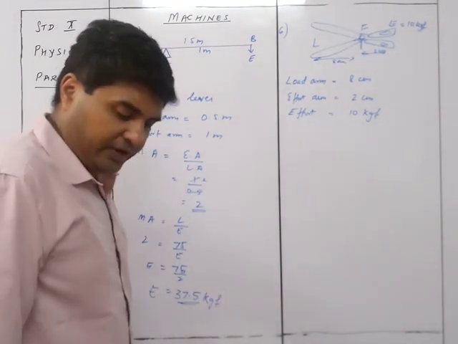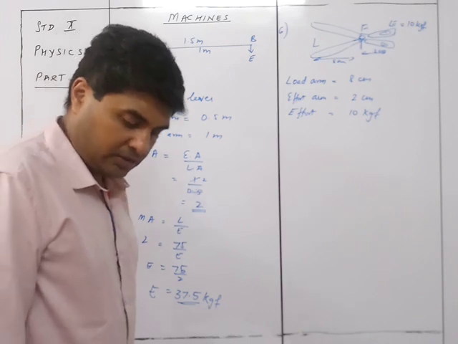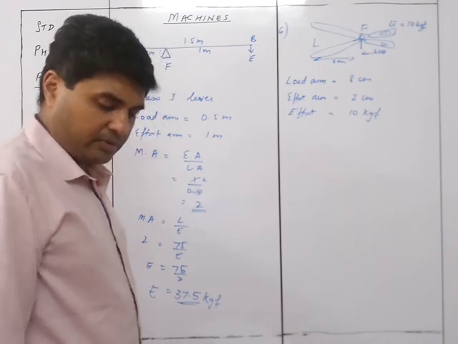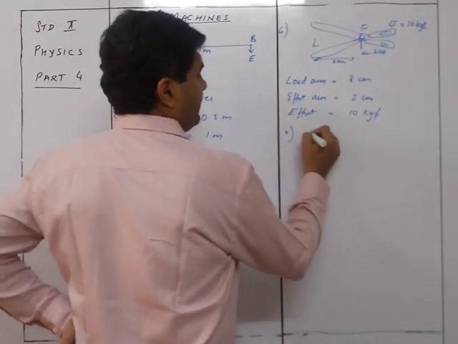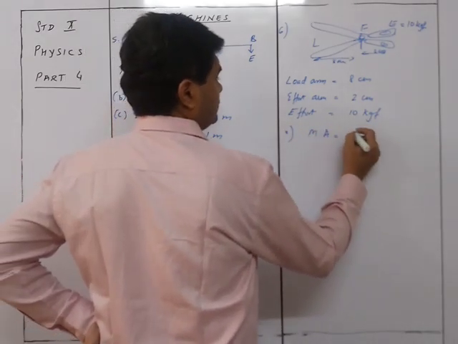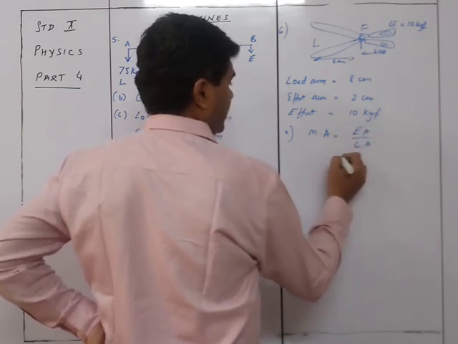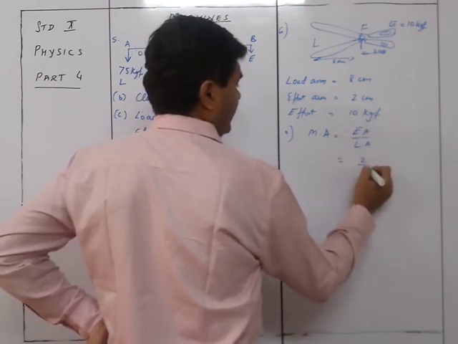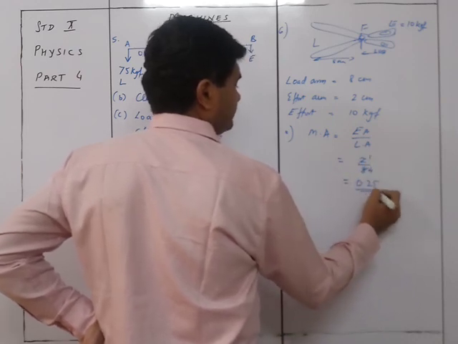We need to find out the mechanical advantage and the load offered by the cloth. First of all, the mechanical advantage is equal to effort arm upon load arm. That will be 2 upon 8, that is 1 upon 4, it's 0.25.